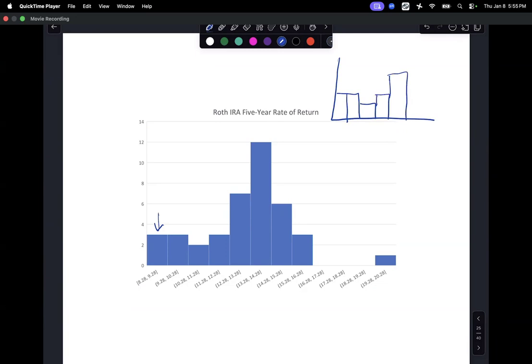See, I am such an artist. The way that you're going to see it on your homework is only the lower class limits are labeled. You will not see upper class limits labeled. So this would say 8.28, and then you would see 9.28 on the next one, then 10.28. It is just the lower class limit.